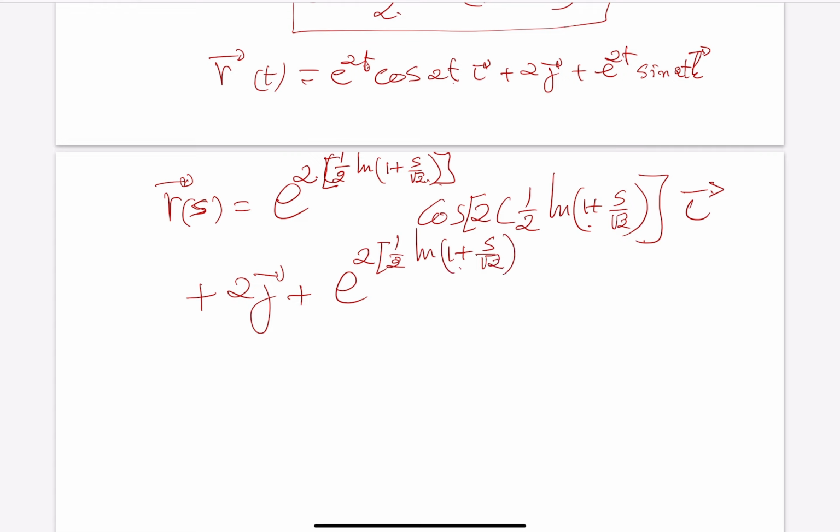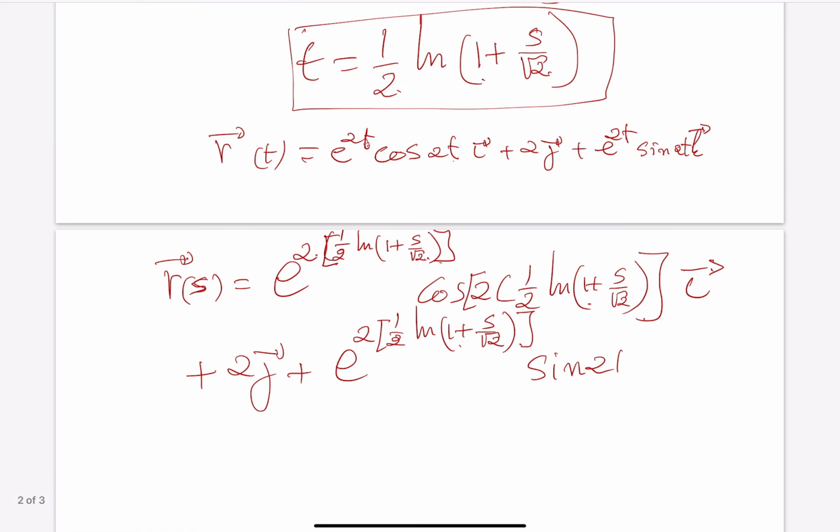And then you have, close it, and then you have sine of 2 times t, and t is 1/2 ln 1 plus s over square root of 2. Okay, and then you have k here, k vector.